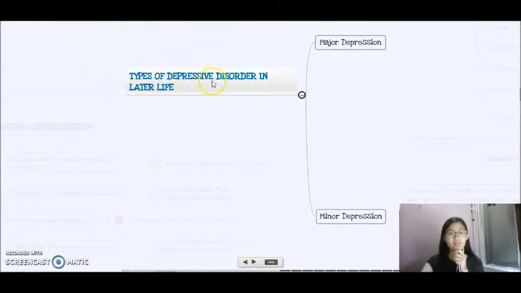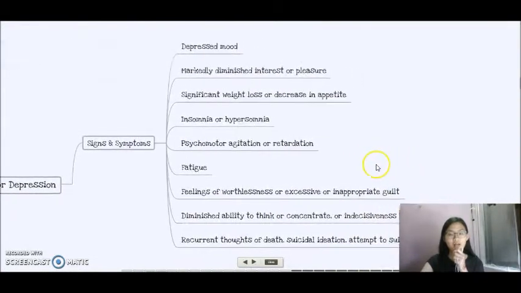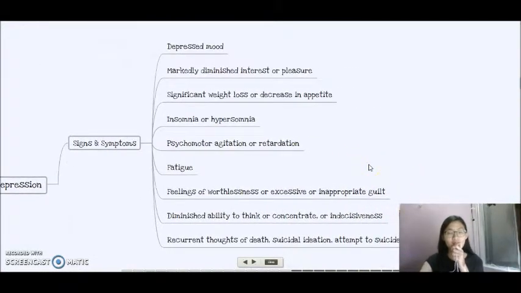The types of depressive disorder in later life can be divided into two: major depressive disorder, MDD, and minor depressive disorder. According to DSM-5, people who are diagnosed with MDD must meet some criteria.